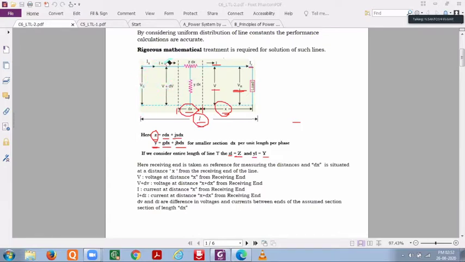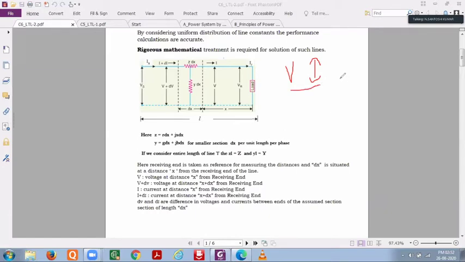So after that, we'll start the analysis. So in this circuit, you have understood all the terms, right? Yesterday you have written these equations. What am I supposed to do? I need to find my voltages and currents at any instant.